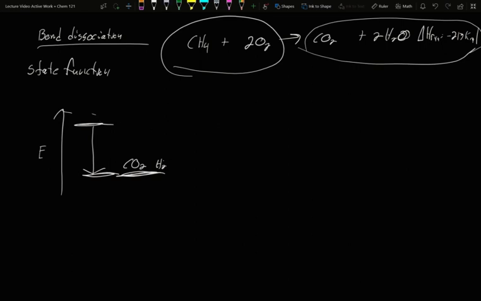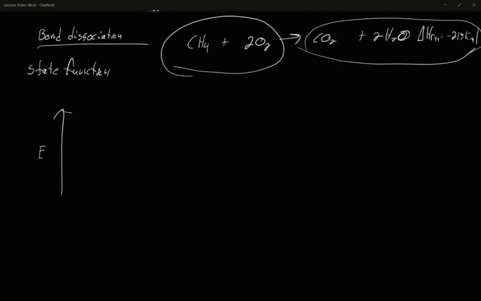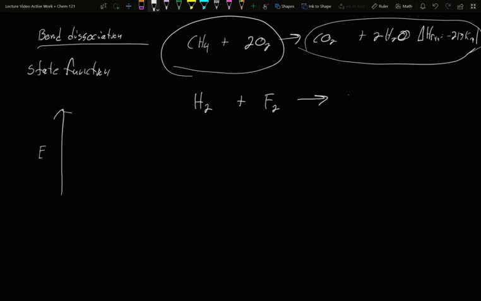So let's try a slightly different reaction here. Let's try H2 plus F2 makes 2HF. Less bonds to deal with. I could invent a reaction path that says, hey, my hydrogens, let's break them into 2 separate hydrogen atoms.